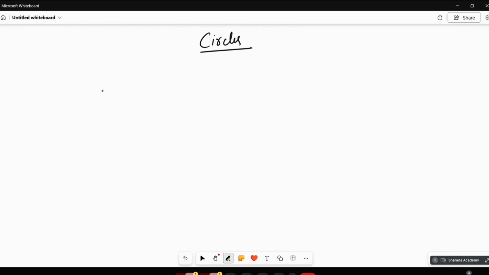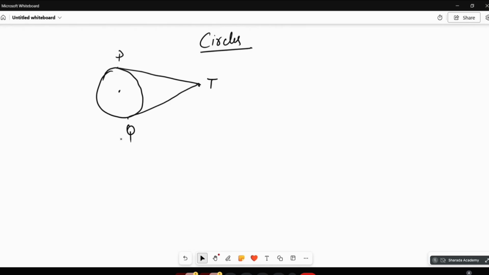Okay. So in circles, we have the theorems. We studied the theorems, right? One is that from an external point, the two tangents are equal.